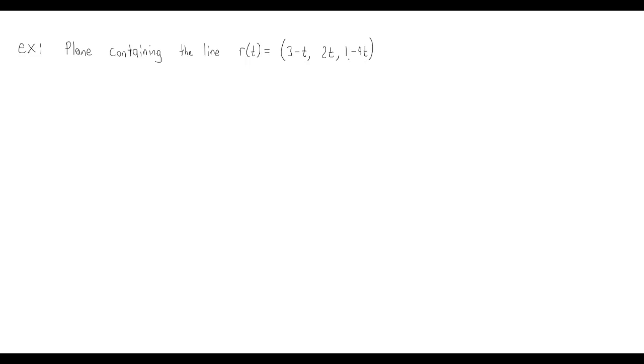Alright, so we know the plane contains this line. And let's say we also know that this plane contains the point 2, 0, and 0.